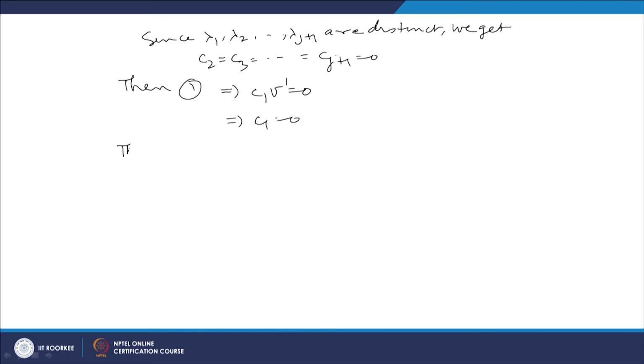Thus c1 equal to c2 and so on, cj plus 1 equal to 0, which implies that the result is true for k equal to j plus 1.